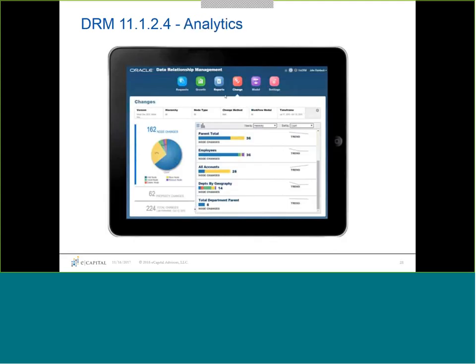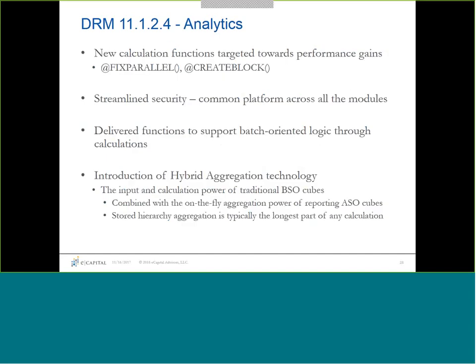They also have analytics, so you can get some dashboards about your hierarchy and what's happening with it, how many changes are coming through, what are the types of change, how static are things, and you see trends over time as well. This is built right into the product starting in 124.340, I believe.